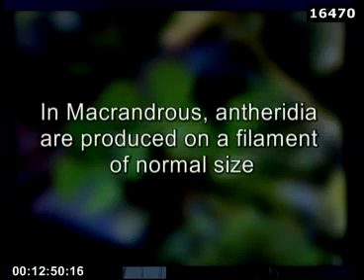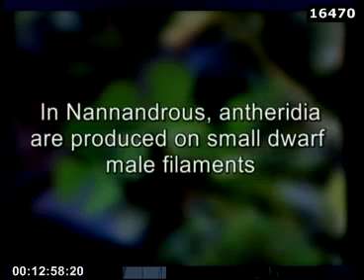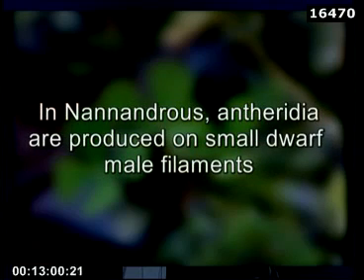In macrandrous species, usually the antheridia are produced on filaments of normal size, whereas in nannandrous species, the antheridia are produced on small dwarf male filaments. The macrandrous species may be monoecious or dioecious.